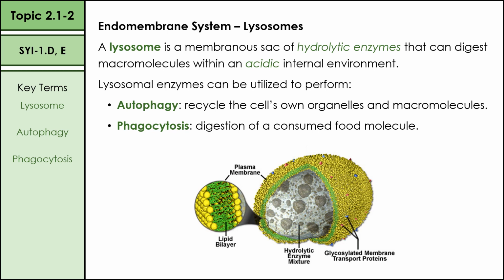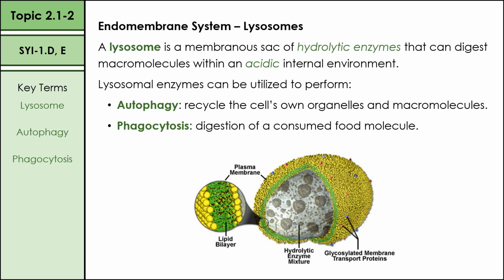Not attached to the other parts of our endomembrane system, these are lonely organelles, which have a key function in our cell to break down materials. These are lysosomes, where the prefix lys means to break and some refers to body. So these are bodies of enzymes whose primary function are to break down different parts within our cell.